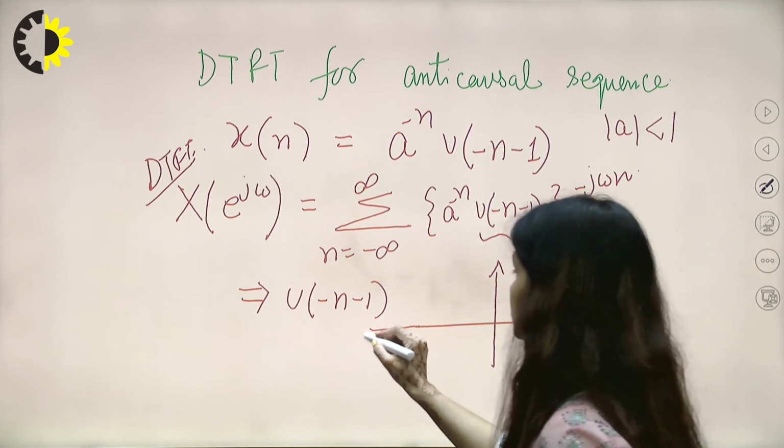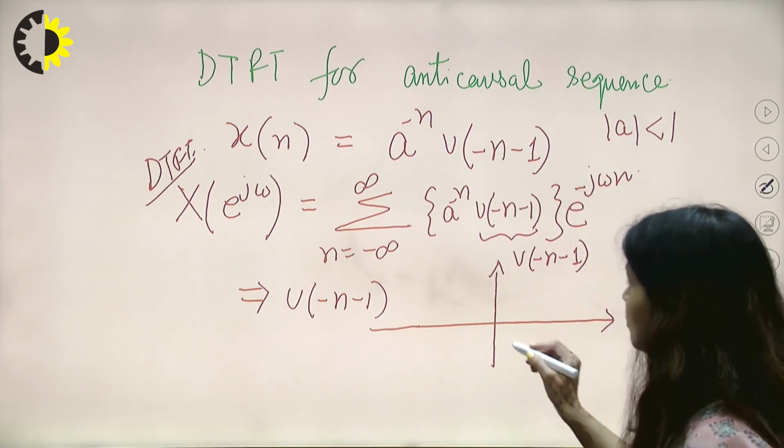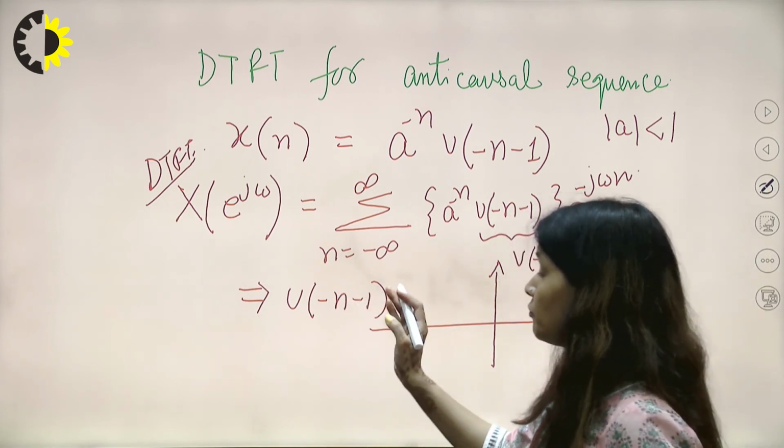These are positive values and these are negative values.